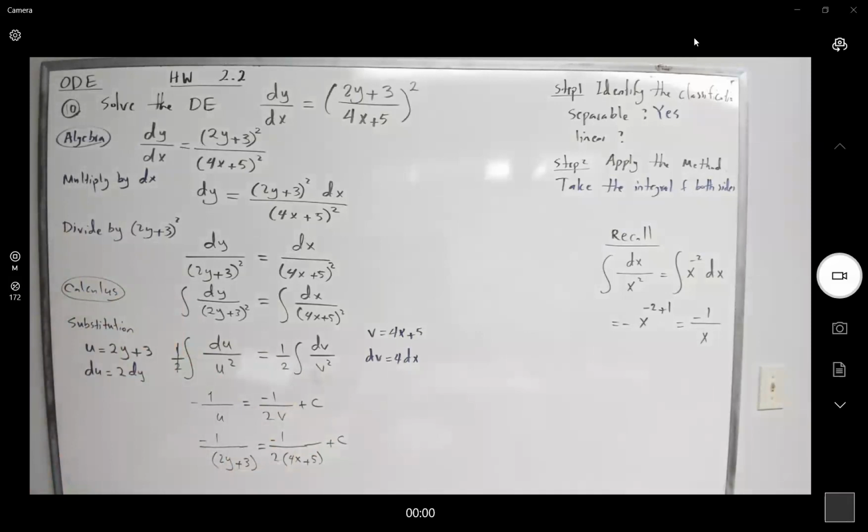Very well. Now the question is, can I simplify this more? Okay, very good. Can I just isolate y on one side and write it in terms of x? I have to do a little bit of algebra.